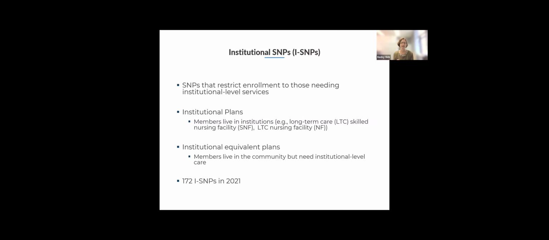The difference is that institutional plans focus on members who actually live in institutions, for example, long-term care, skilled nursing facility, or long-term care nursing facility. There are others. Whereas institutional equivalent plans can contain members that still live in the community, but require an institutional level of care. Identified using that institutional variable, I identified 172 I-SNPs in 2021.